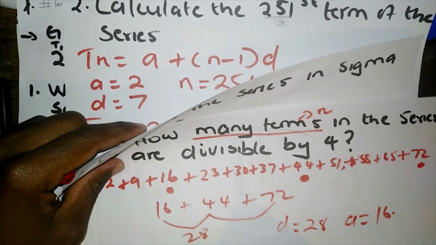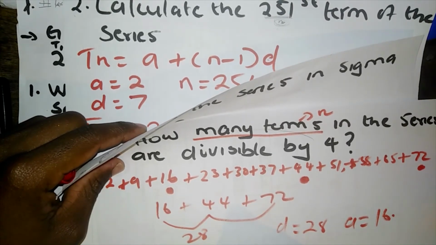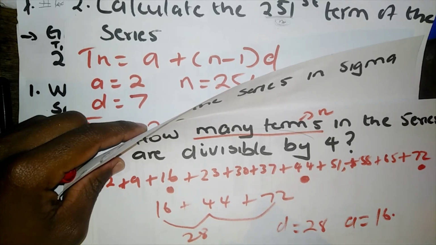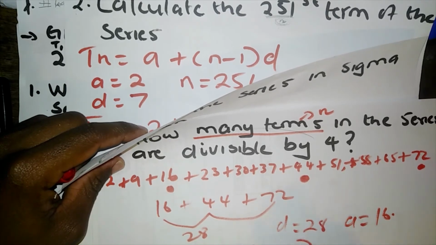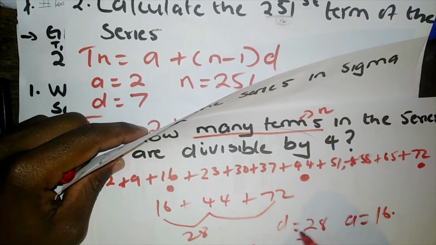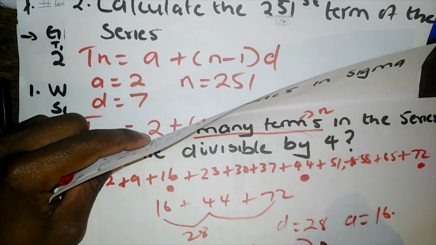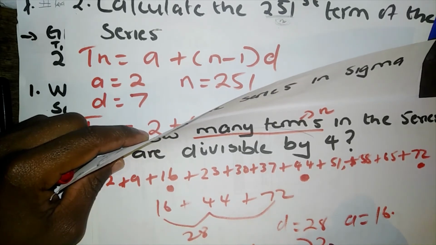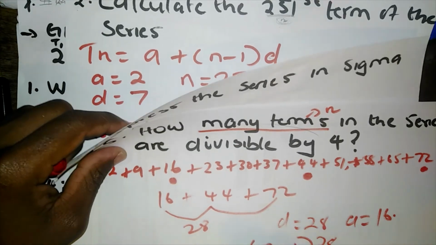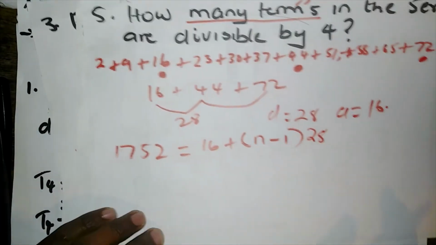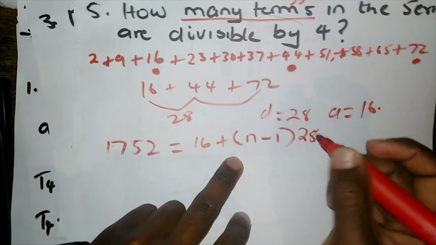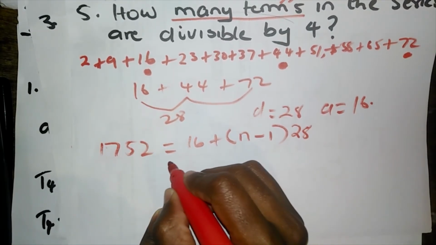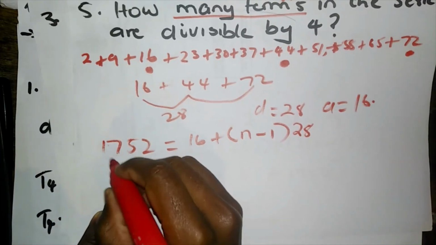And our a here is 16, plus our n is what we're looking for, then the difference is 28. So you solve for n here. You must know the BODMAS rule. First, you open the bracket. Simple.